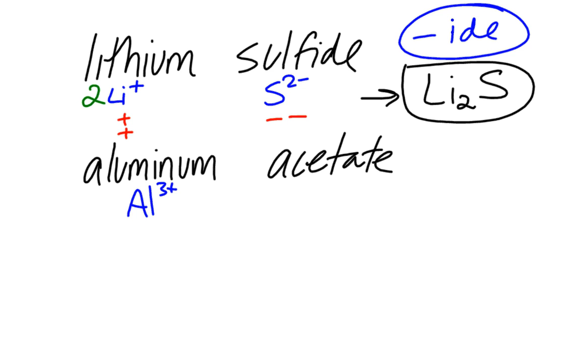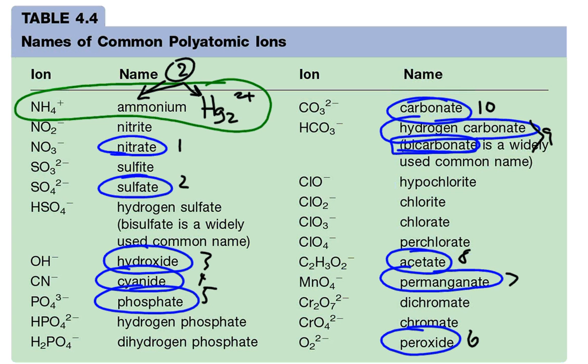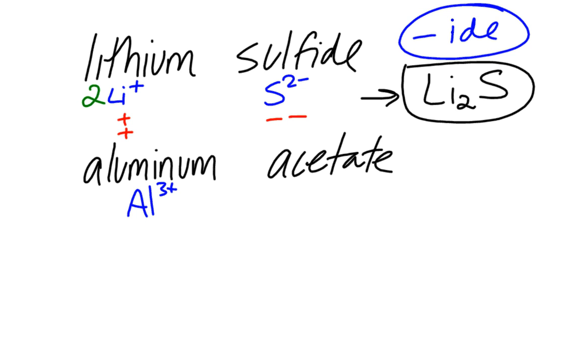And the acetate ion, which is not ending in ide, so I'm going to look at the polyatomics. And acetate is right here, C2H3O2, and it has a -1 charge.